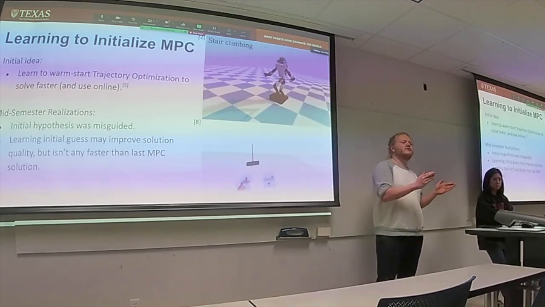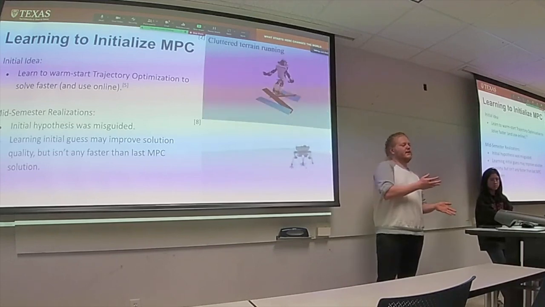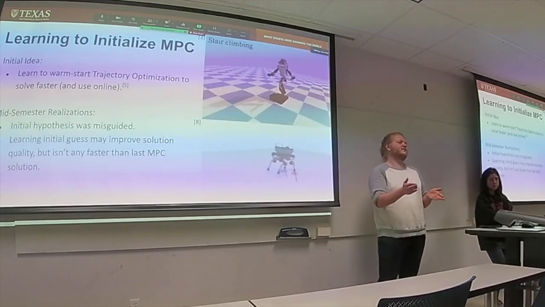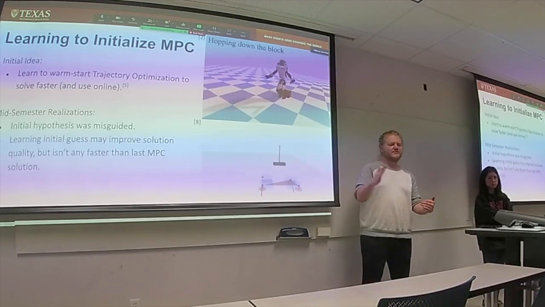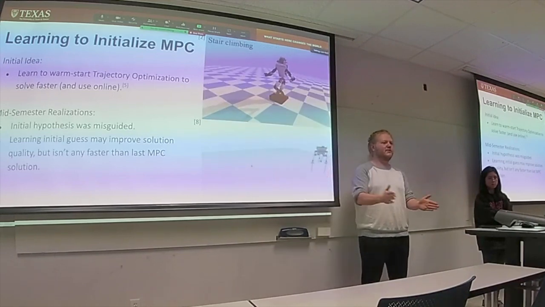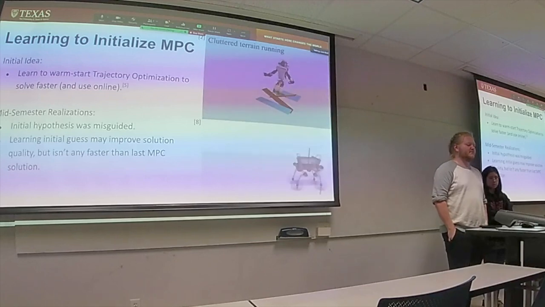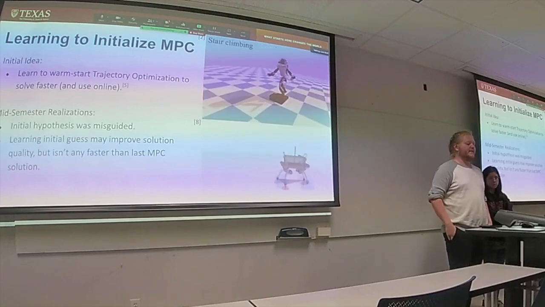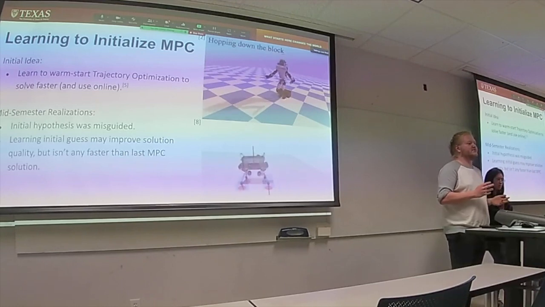You already have a really good initial guess of what your solution is going to be. Training a network to predict that initial guess is great for the very first instance, but otherwise it doesn't actually solve this computation problem. It doesn't fix the problem where I want to take something that takes forever to run and run it really quickly, because that problem would already be solved if you were running it as an MPC. Because my objective was to improve the quality of the online performance, I didn't see this as an avenue to success for that.